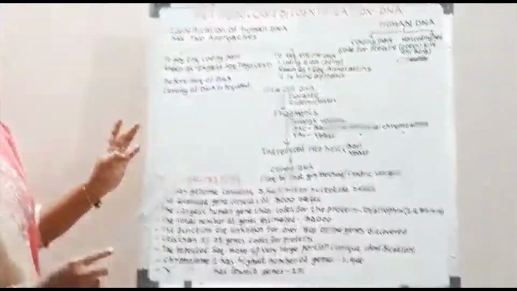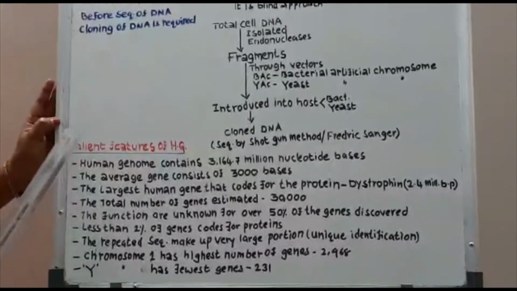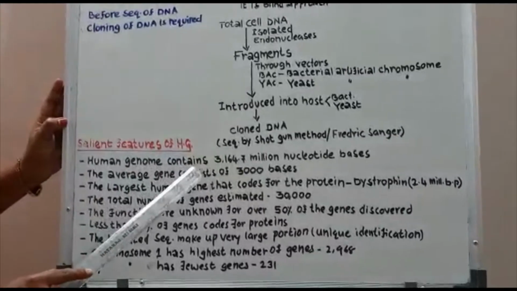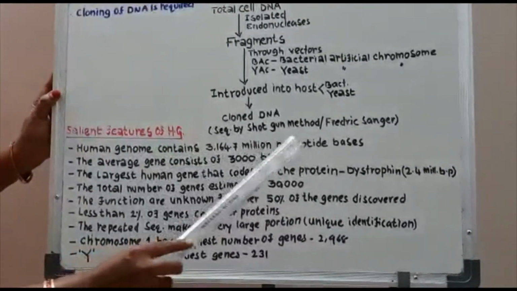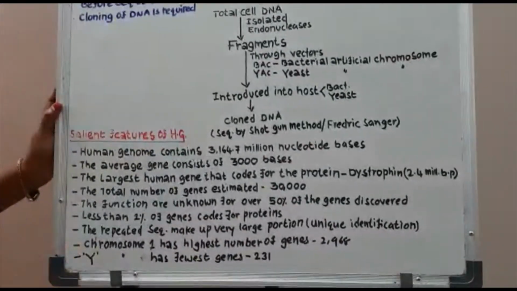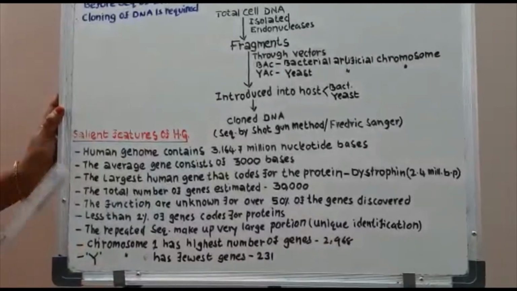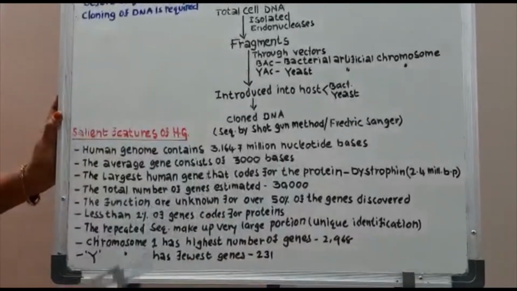Next, let us see the salient features of the Human Genome Project. The Human Genome Project contains 3164.7 million nucleotide bases, and the average gene consists of 3000 bases. The largest human gene that codes for a protein is dystrophin.